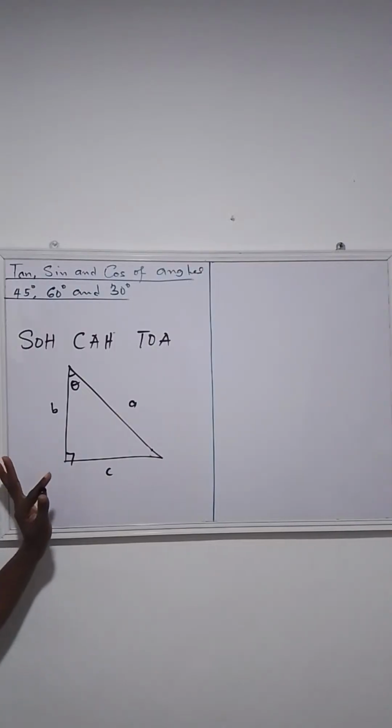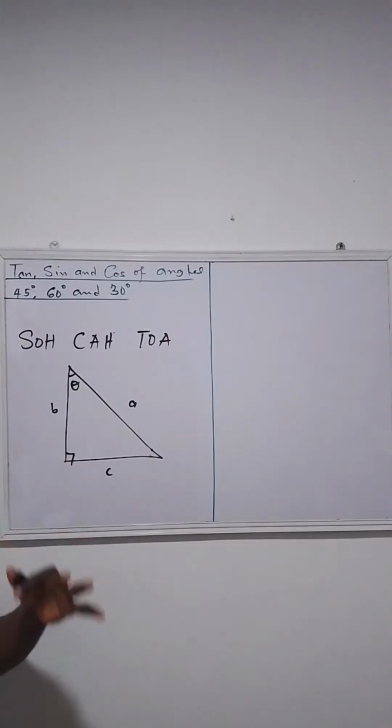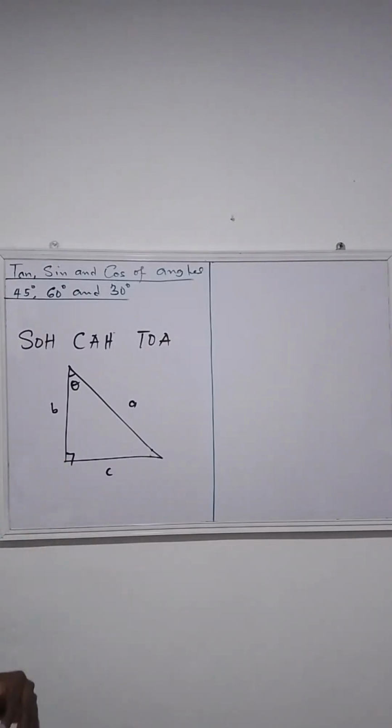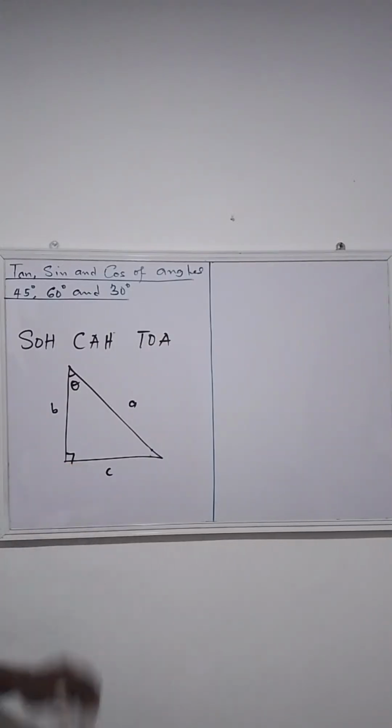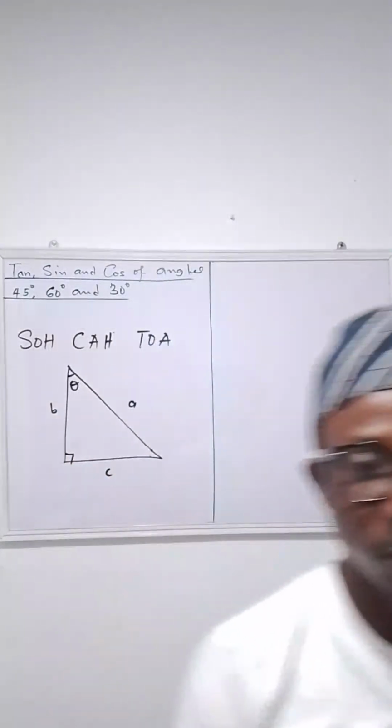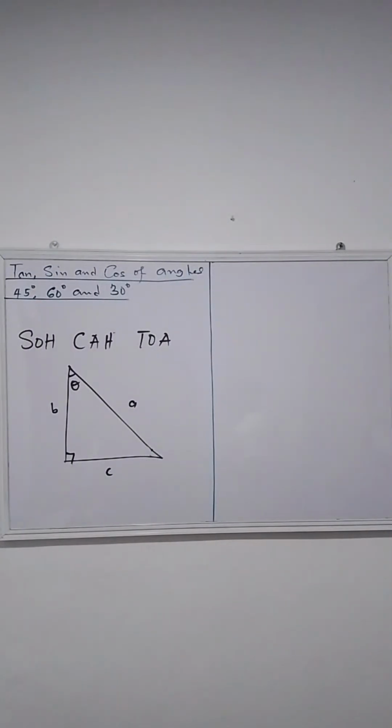I need you to tell me which one is the hypotenuse, which one is the opposite, and which one is the adjacent. Drop your answer in the comment section and let me see.